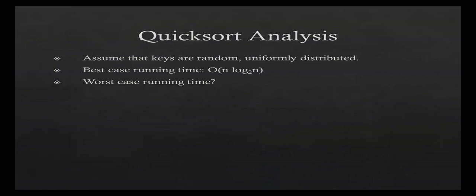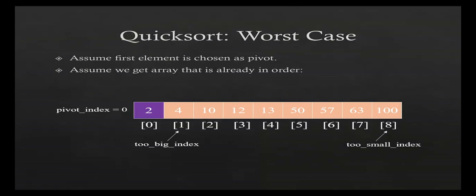Now we can consider another case, the worst case. So what is the worst case? Before calculating the worst case complexity, we'll see what happens during the worst case. For example, we are given the same array and assume that the array is already sorted.